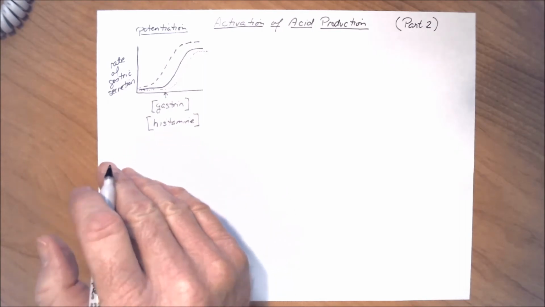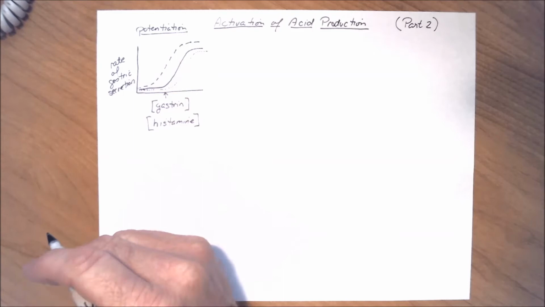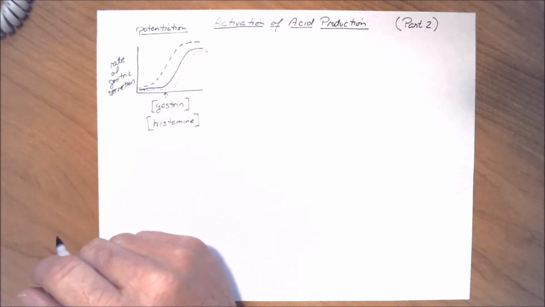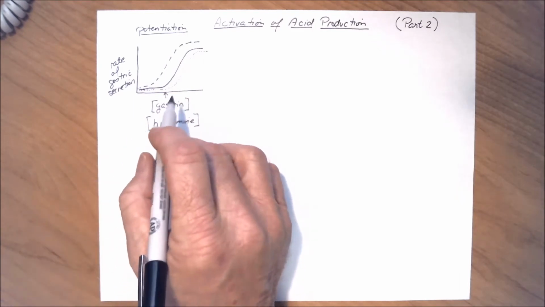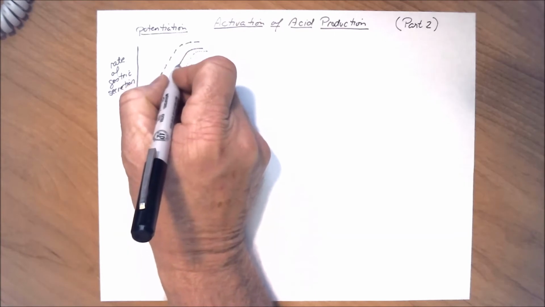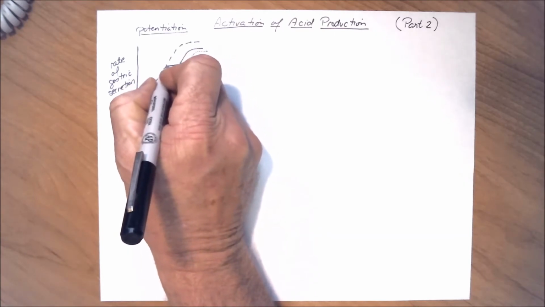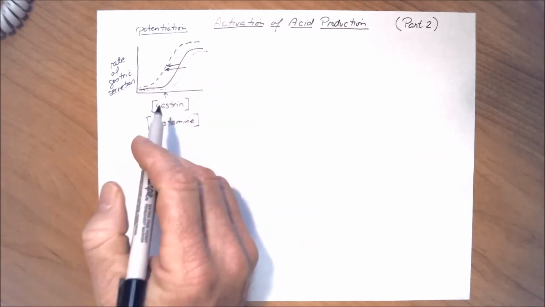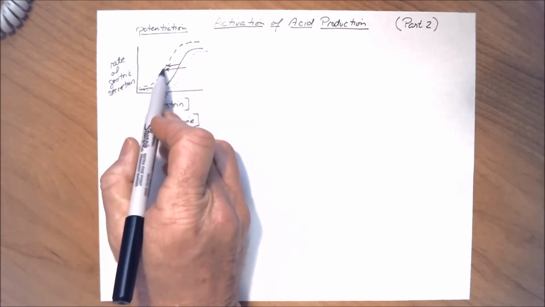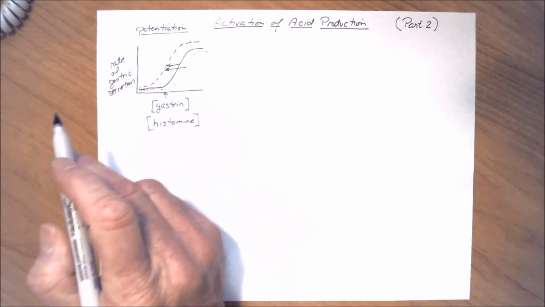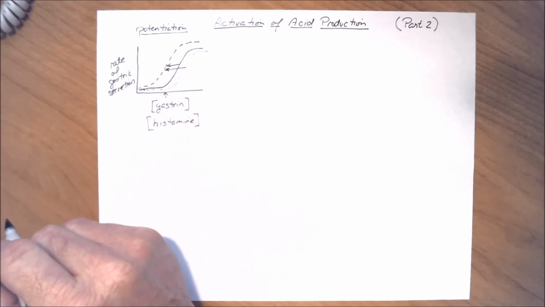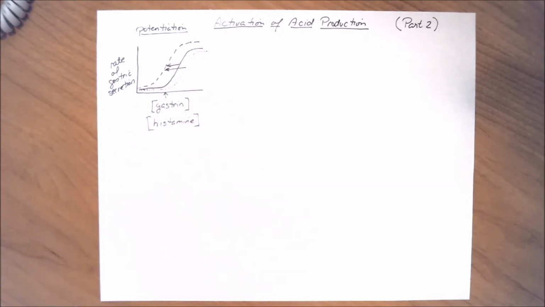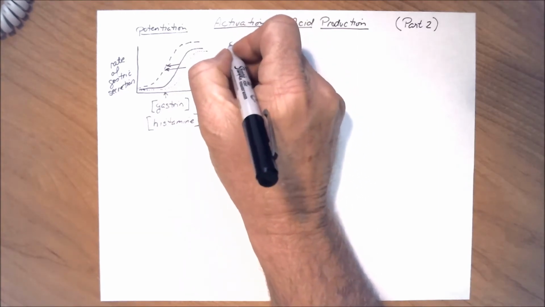Both are creating the same situation, activating acid secretion, but when you add them together, you get a shift in the curve to the left, which means lower concentrations have the same effect as higher concentrations. That's called potentiation.